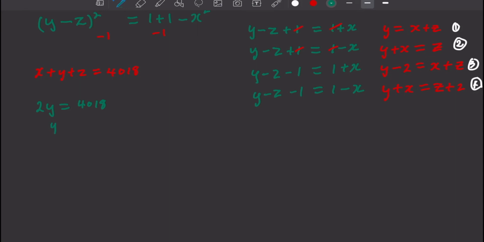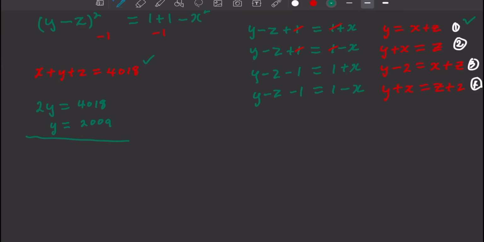So y is equal to 2009. So we've substituted into this equation, and we get y equals 2009.